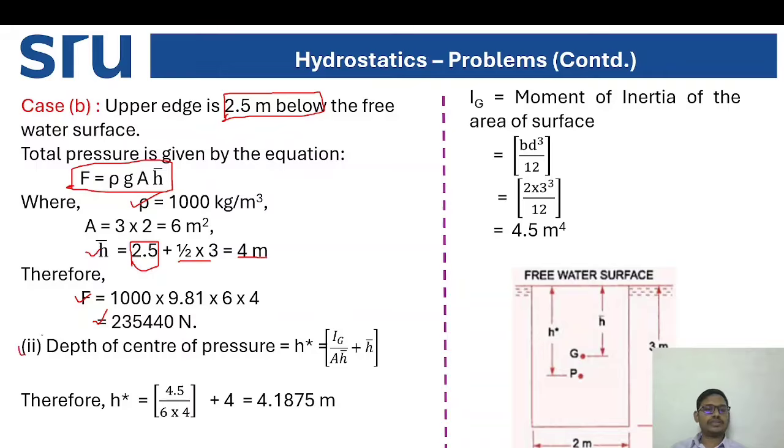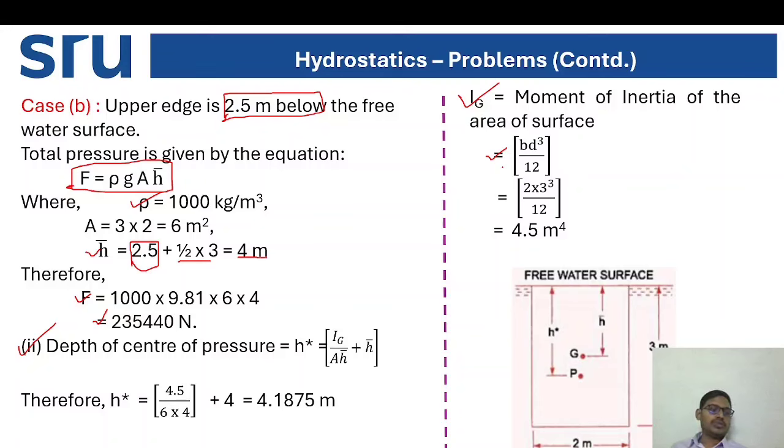235,440 newtons. And next, depth of the center of pressure, H star equal to Ig by A H bar plus H bar. So before that, we have to calculate Ig, the moment of inertia of the area of the surface, that is equal to b d cube by 12.